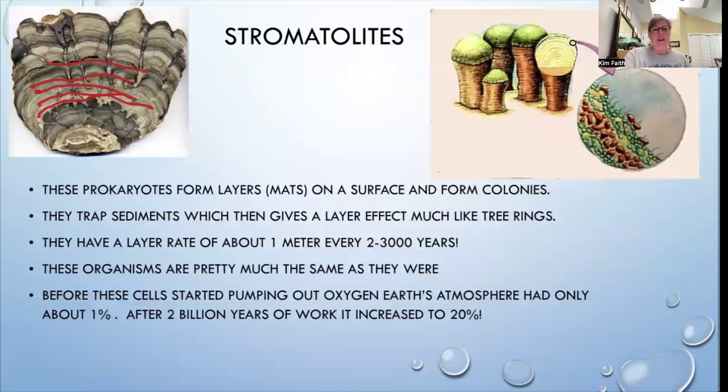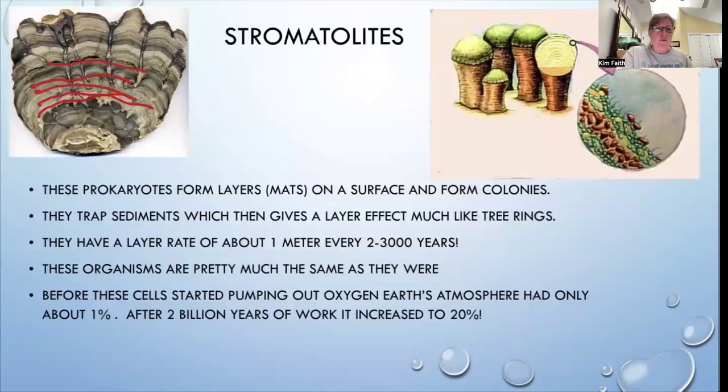We know that the layer rate is about 1 meter every 2 to 3,000 years. It's kind of crazy that we still have these organisms today. They're very famous off the coast of Australia. They are pretty much the same organism that has been here for millions of years.